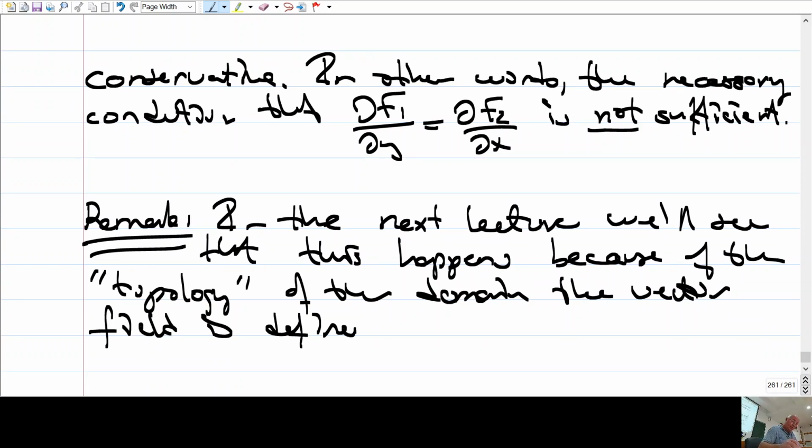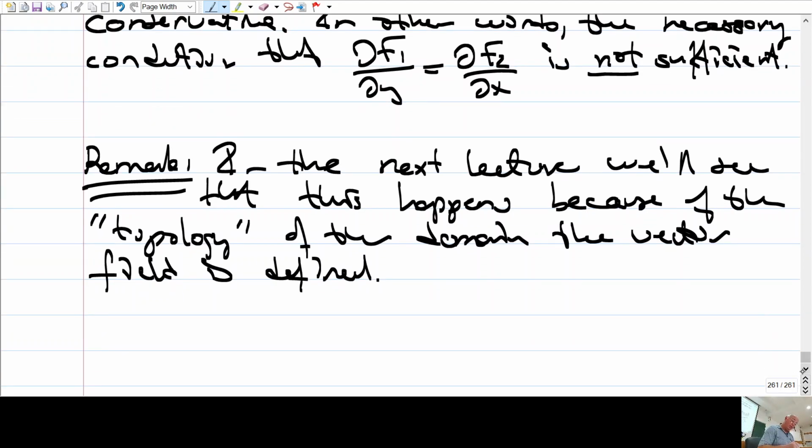So it's more like a geometric condition.